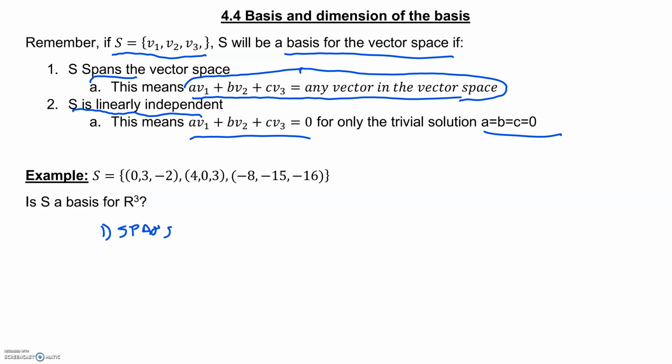Now, it will span if there is a linear combination A times the first one, B times the second, and then C times the last.